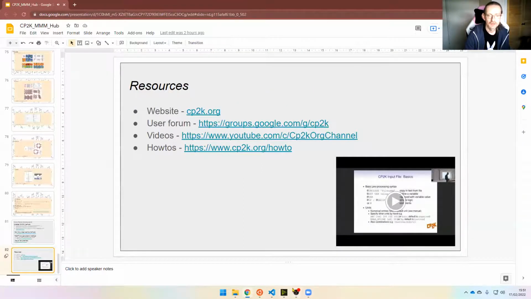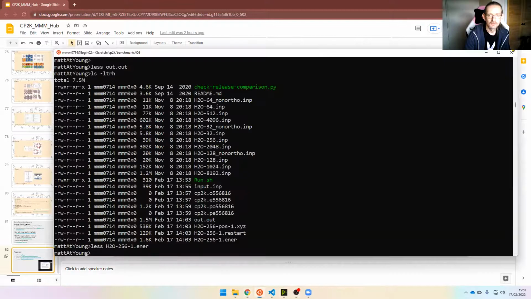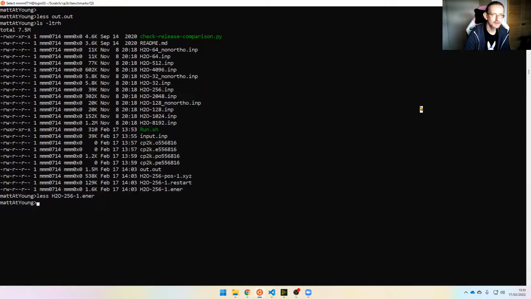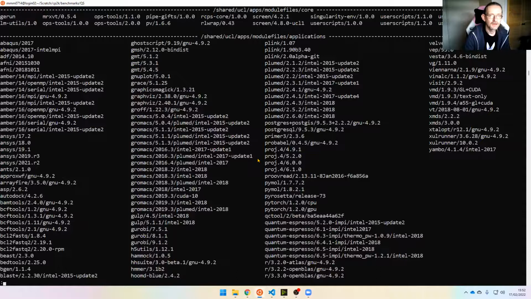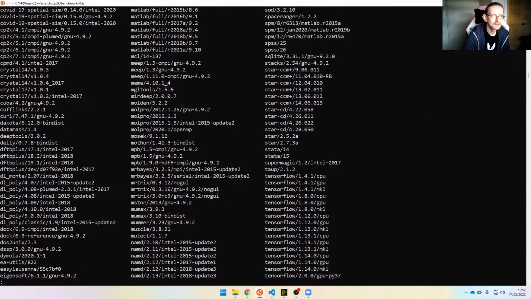Right, if we go over to Young, we should be able to see that CP2K is indeed there. It's not being very friendly today. There is a supported version, CP2K up to 7.1, which is about 2 years old.